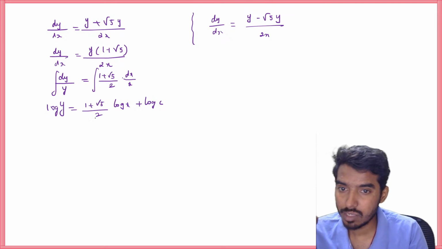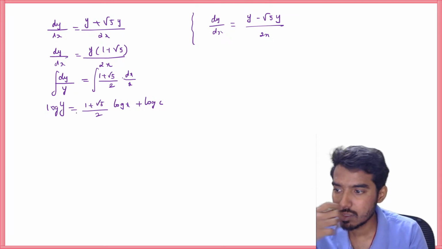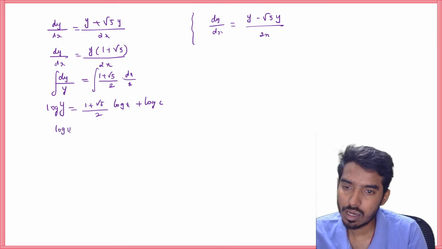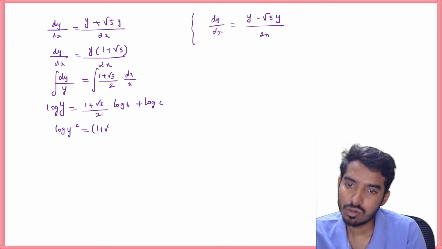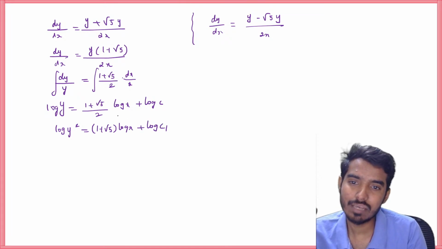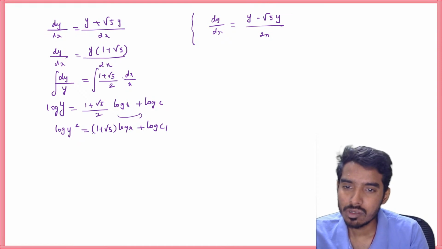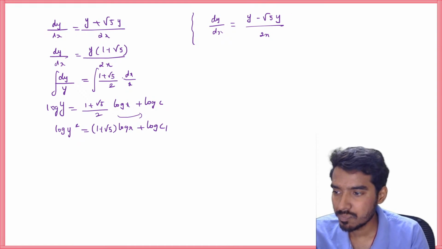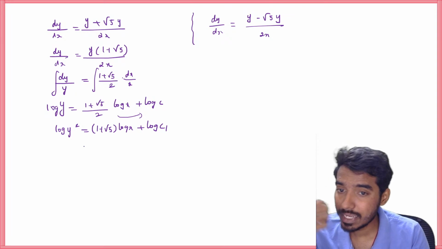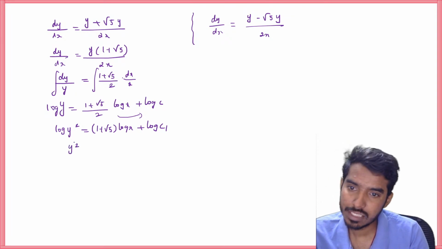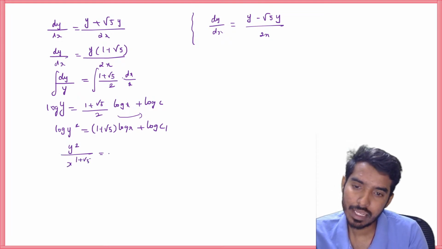So we cross multiply this, and we will have 2 log y is equal to 1 plus root 5 log x plus some constant log c1. So log a minus log b is log a by b. So we have y square is the same as x power 1 plus root 5.